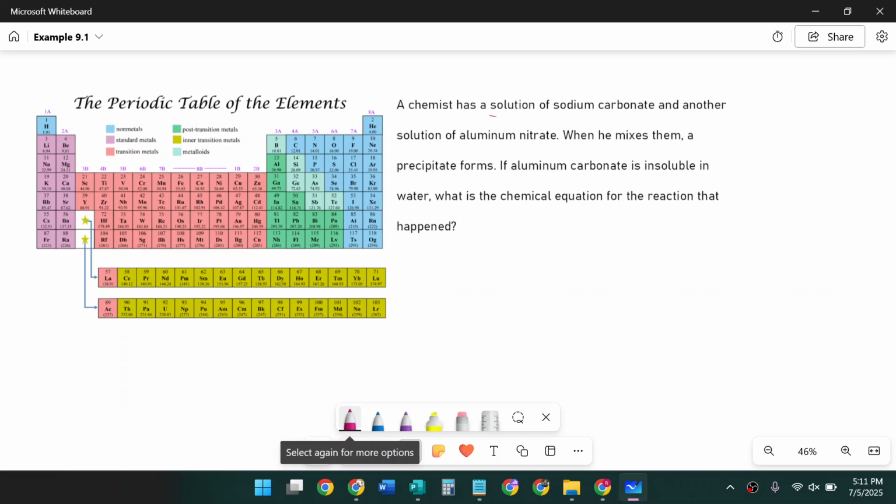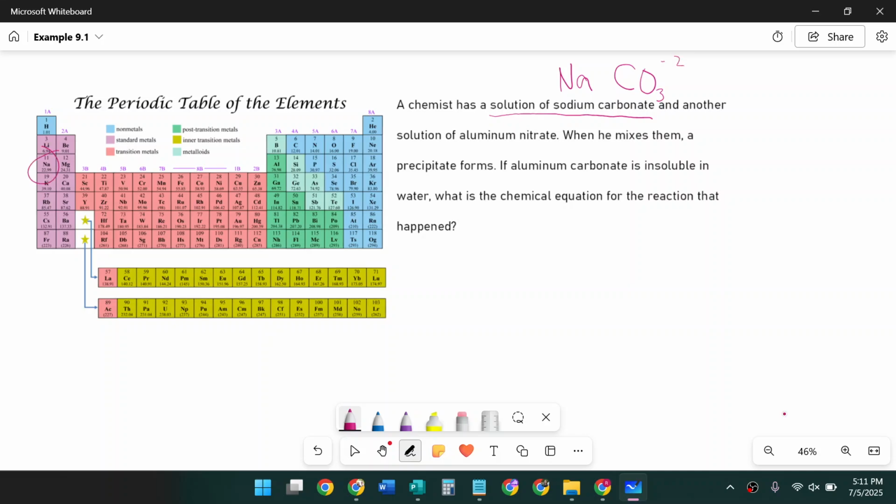We have a solution of sodium carbonate. So what is your symbol for that? Sodium means you've got an Na in there. And carbonate is one of the ones that you're supposed to have memorized. That's CO3, and this one has a 2 minus.